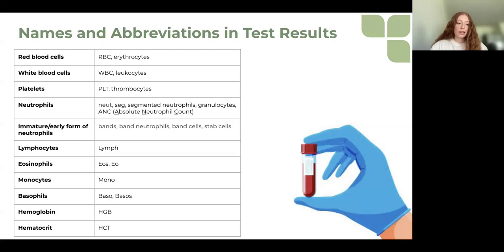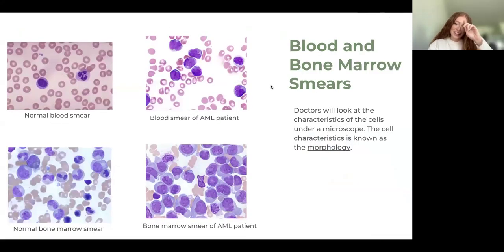You can go and look at this graph or look it up on Google to see what does EO mean? Why is that on my test results? And then you can see, oh, it's eosinophils. It's a type of white blood cell. Especially with the neutrophils, they have a lot of different names. It can be really confusing.